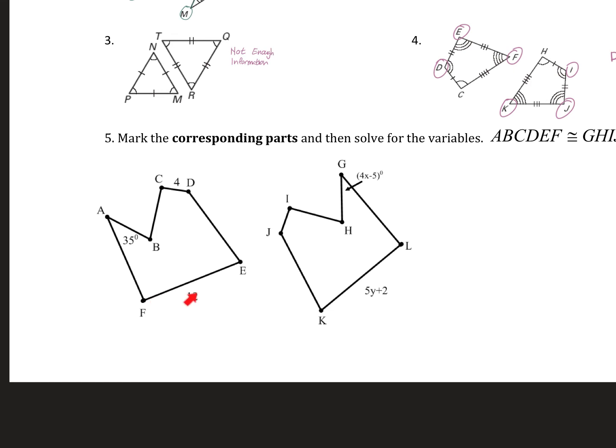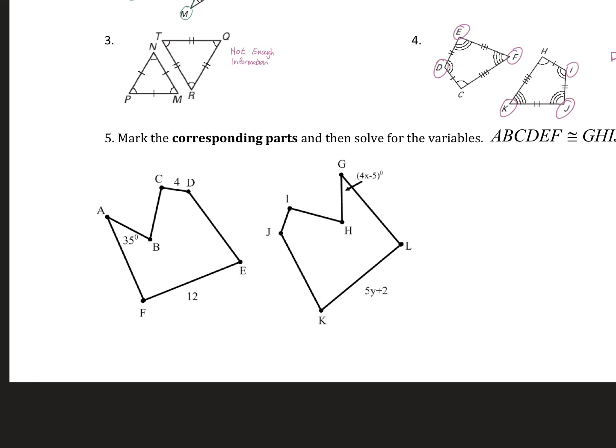And sometimes, depending on how the figures are placed, it can be hard to tell which parts correspond just by looking at the figure, right? It's a rigid motion. They're the exact same shape and size, but they've been transformed in a few different ways, right? Sometimes it's just translated, but this looks like it might have been translated and also reflected. And that's why the congruent statement is useful.